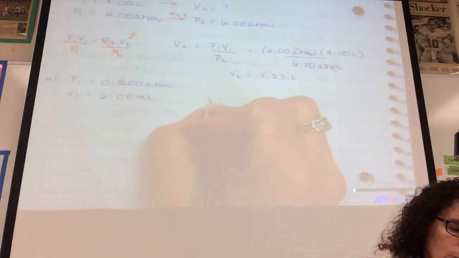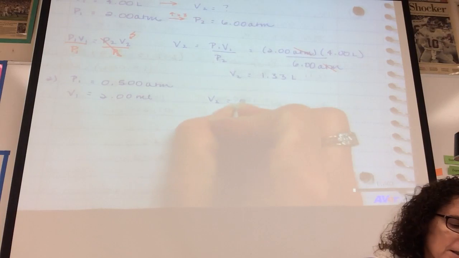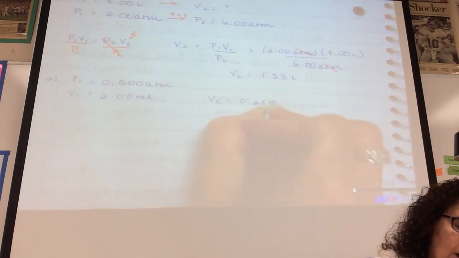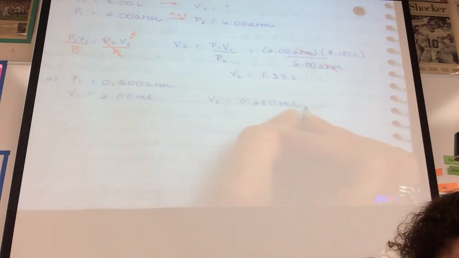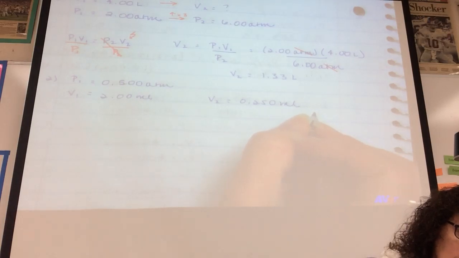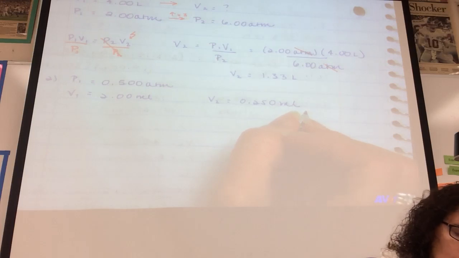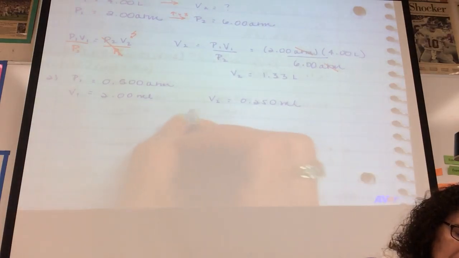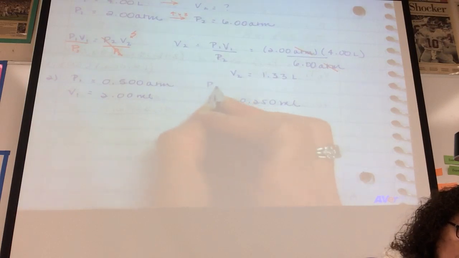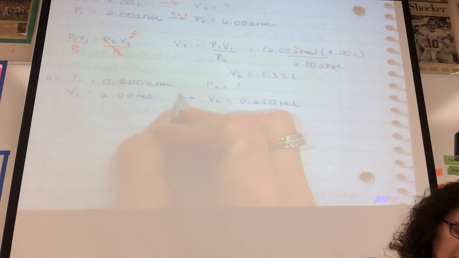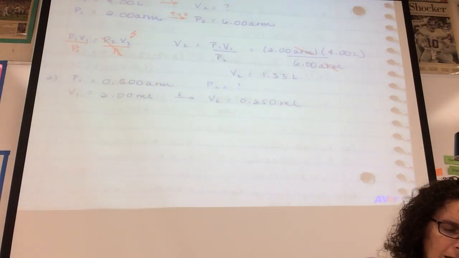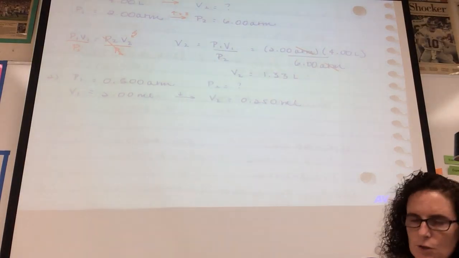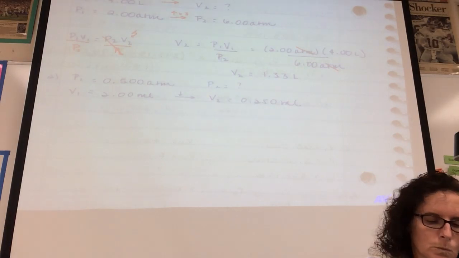Now the volume, second set of conditions, is decreased to 0.250 mL. So decreasing by a factor of 8, we want to know the pressure under the second set of conditions. So again, volume's decreasing. Some of you may not see the factor of 8. Solve for P2. Give it a shot.